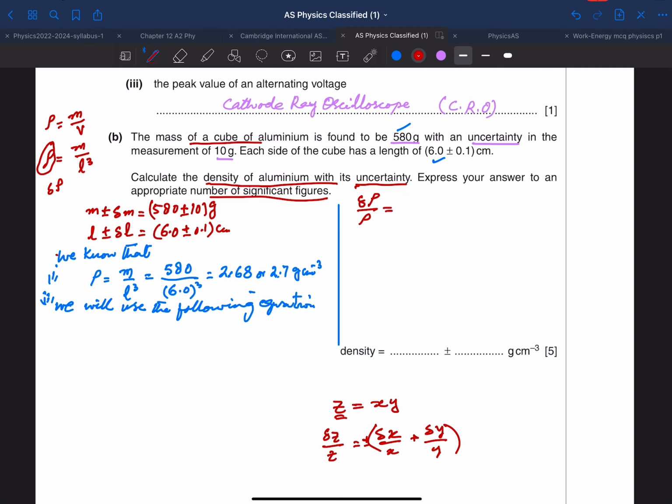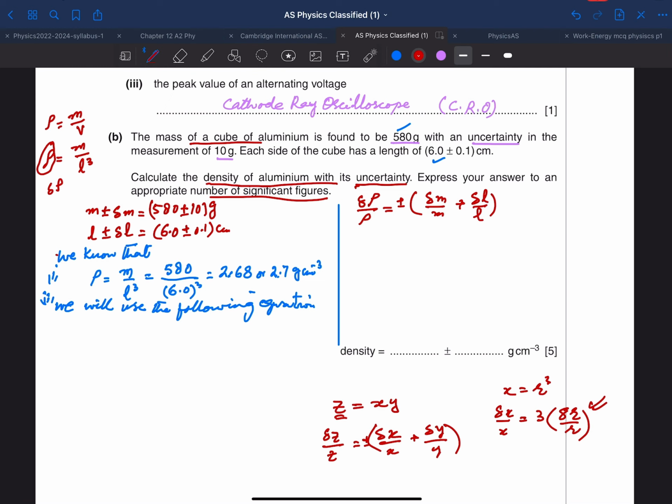So simply you can write here that we have del m over m plus del L over L. But here you have to recall one more thing, which we have discussed as well: if we have a power of the variable, then delta x over x will be given as 3 into del r over r, meaning the exponent comes before the fraction part of the uncertainty.